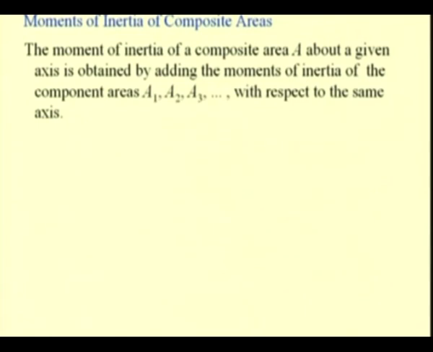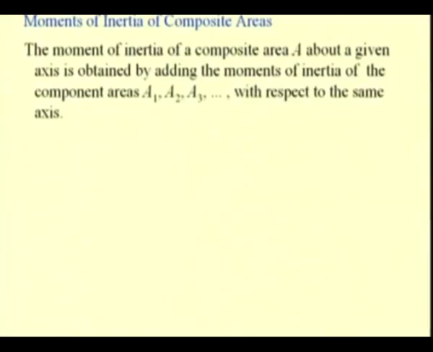So, if we have composite areas, then we can determine the second moments by considering the second moments of the individual areas and summing up in order to determine the second moment for the component or the compound area.